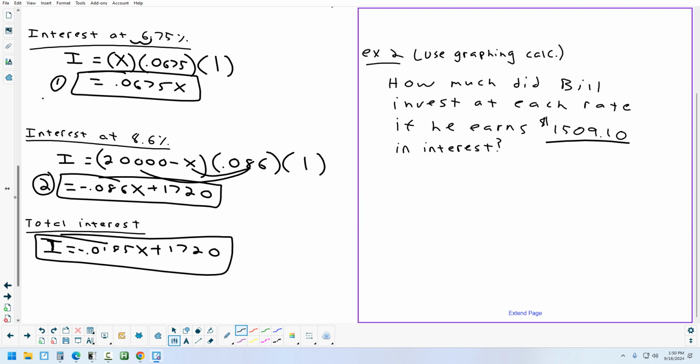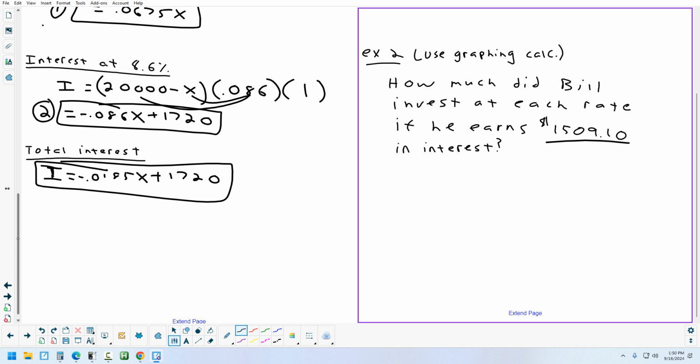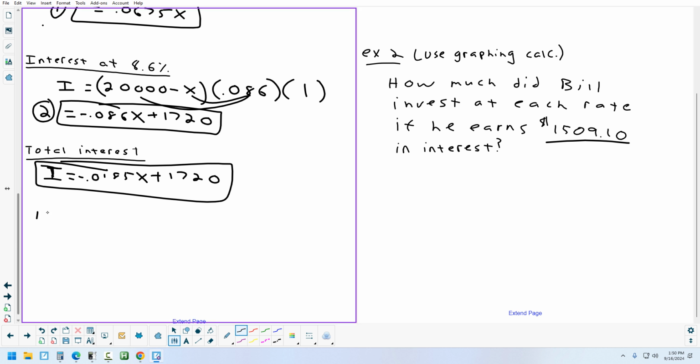It says Bill earned a total of $1,509.10, so that's going to get plugged into the total. That's his total money he earned. It doesn't say that's the amount of money he earned at just one of them. That's the total. Where would it get plugged in for the total? I. Yeah, it gets plugged in from I.